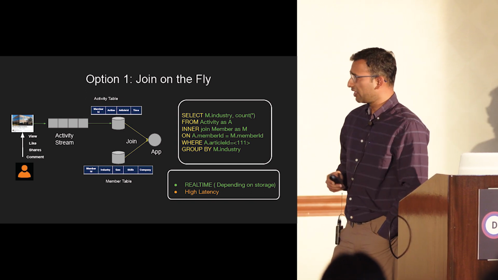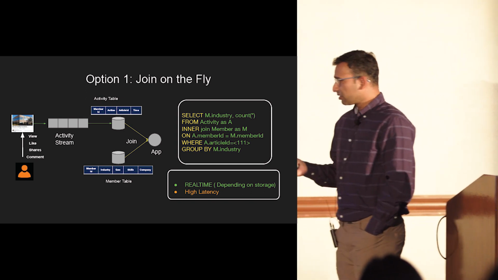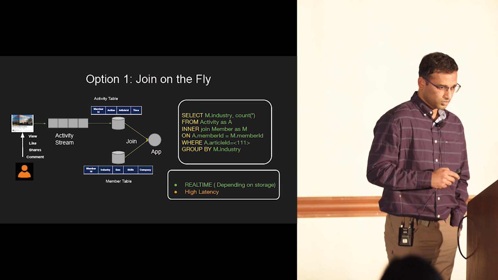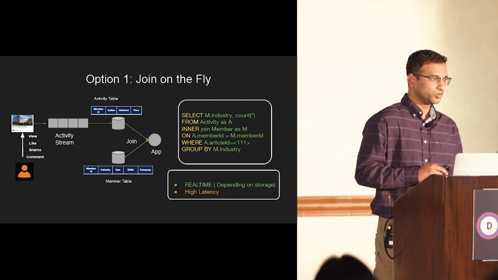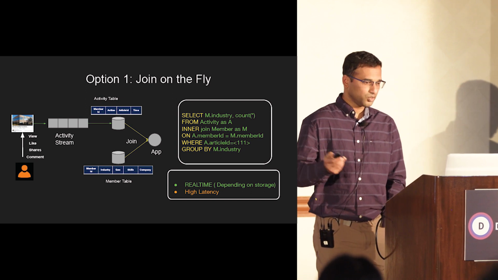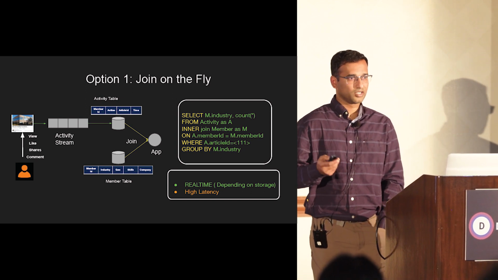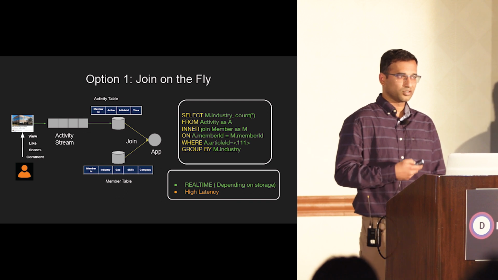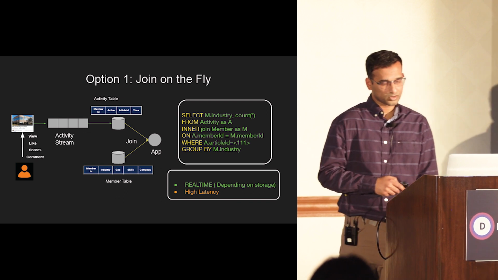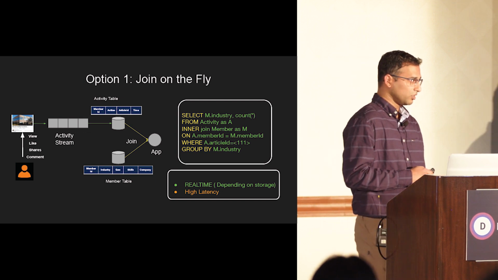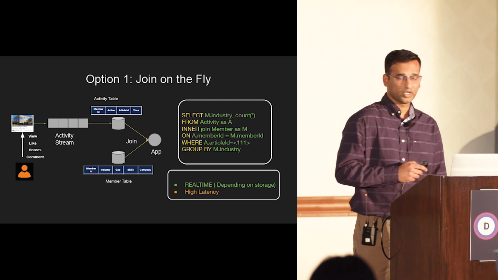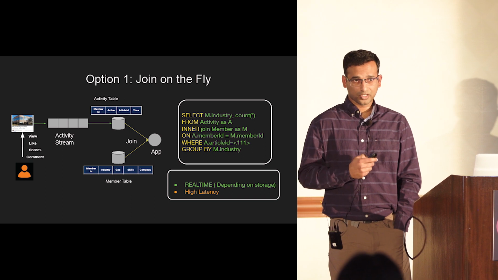This works very well. A couple of problems with this: you can get real time depending on the kind of storage that you use here. With some of the storages, you should be able to keep appending and it should work. In some of the cases, you'll have to do a batch upload into these databases. But the other thing that is really a big con is the latency is very high, because it's doing a join.